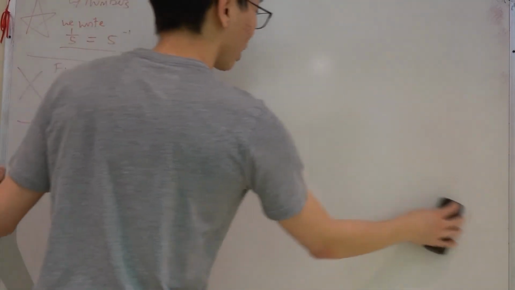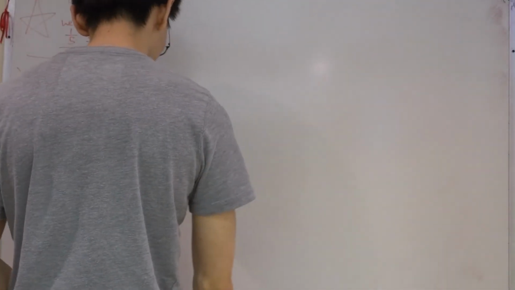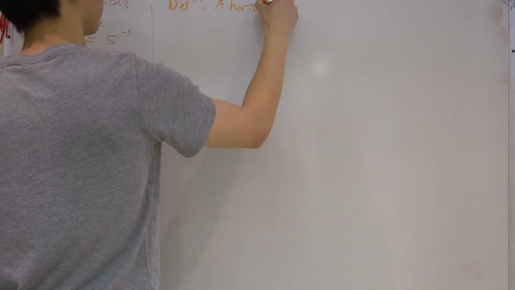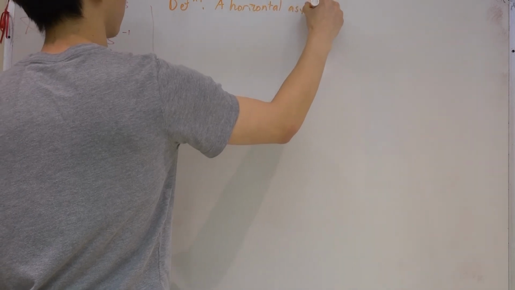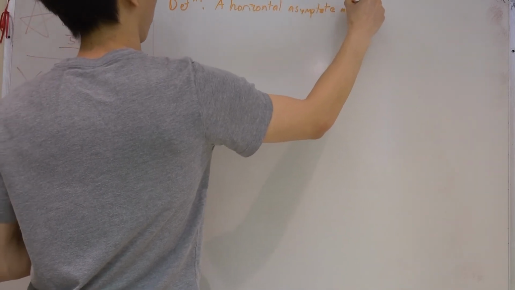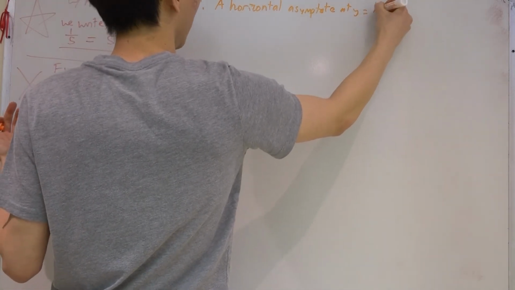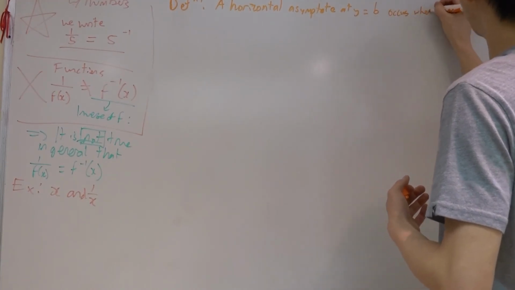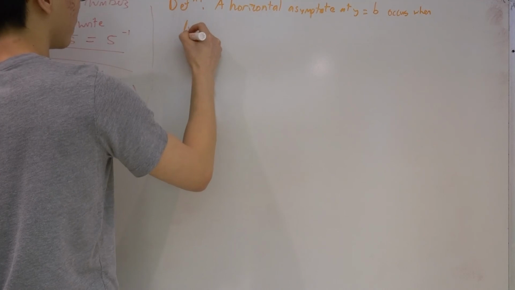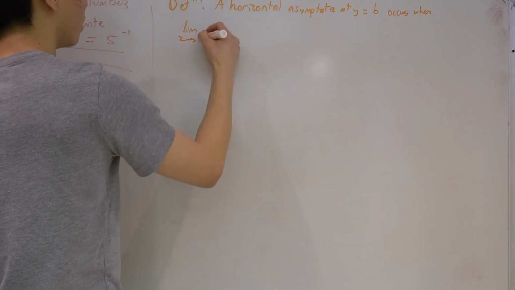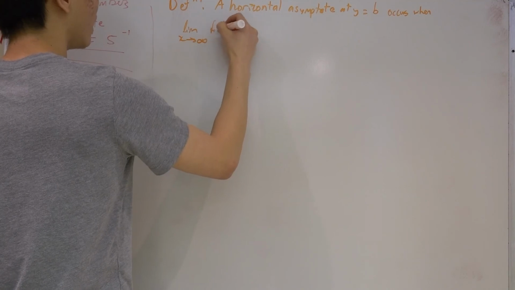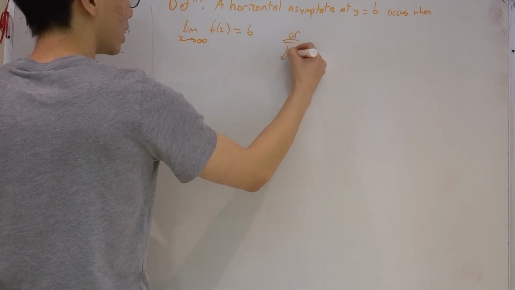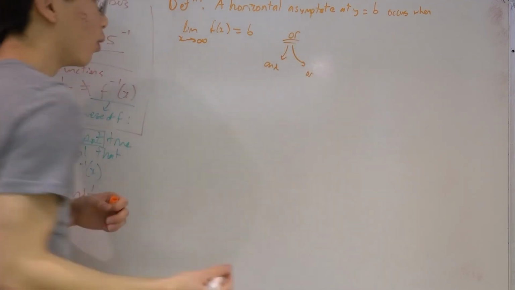We have the vertical asymptote's evil twin, the horizontal asymptote definition. A horizontal asymptote at y equals some number, let's call it b, occurs when the limit as x approaches infinity of f of x equals b, or, in this case, "or" means "and/or".